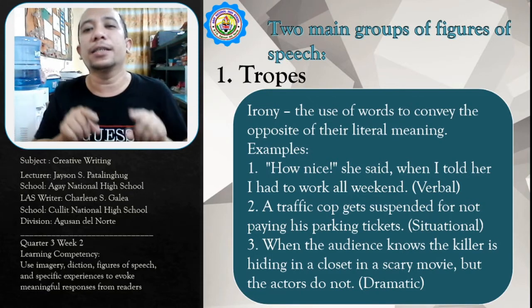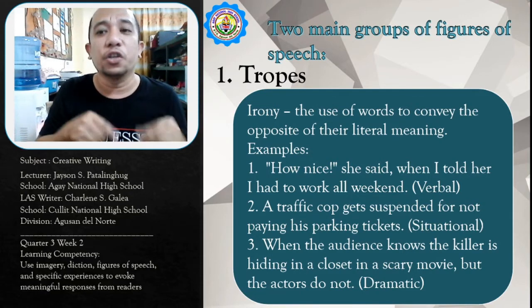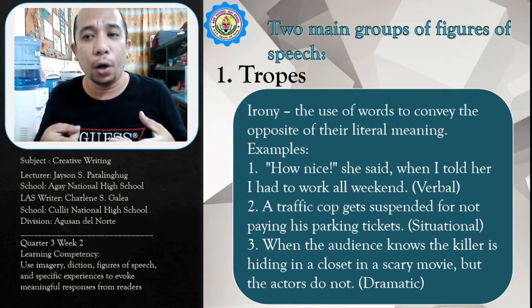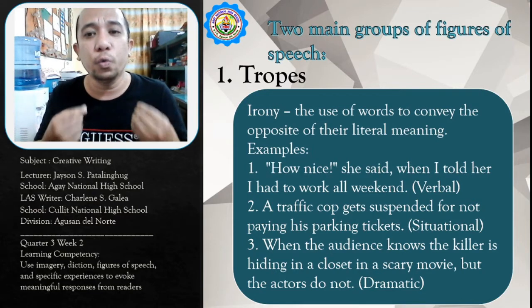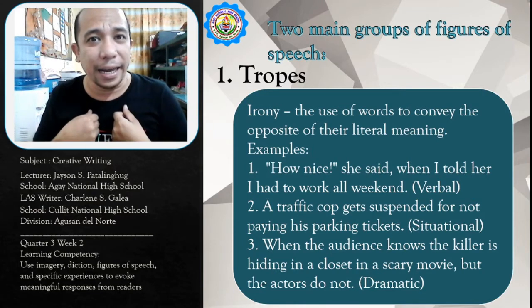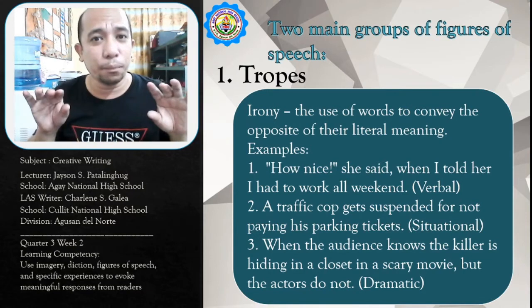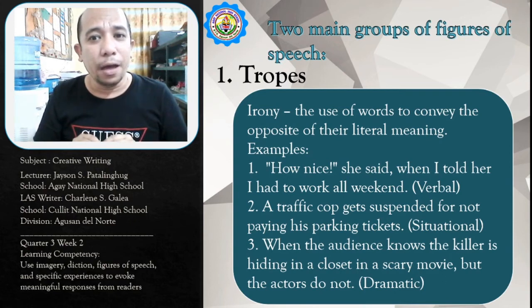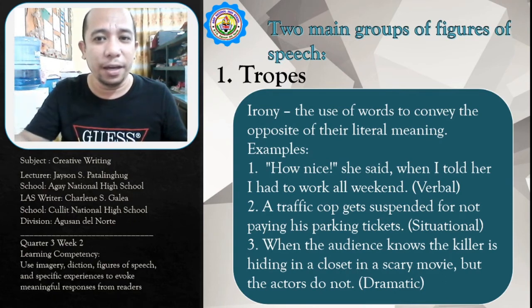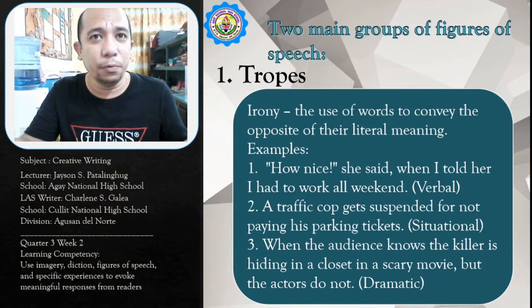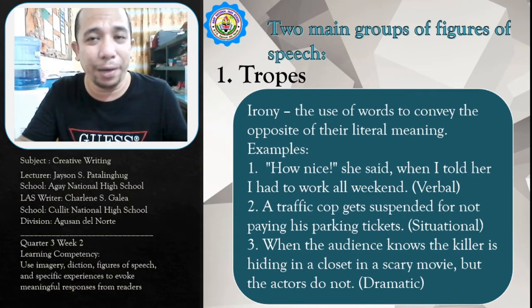Okay, again, let us review. How nice, she said, when I told her I had to work all weekend. If we analyze the sentence properly, what would your reaction be when you tell somebody that you have to work all weekend?